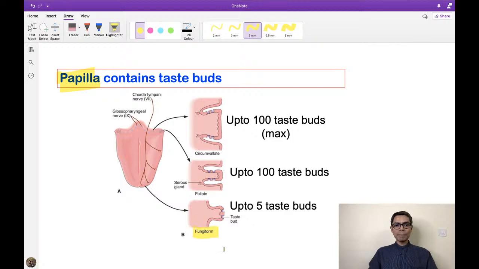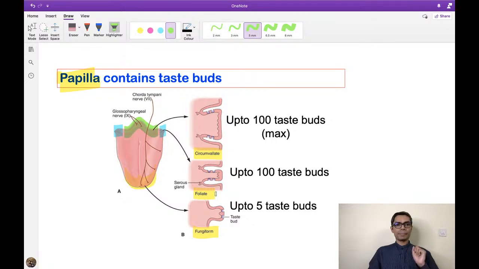They are fungiform papillae, foliate papillae, and circumvallate papillae, right? These are located at particular areas. The anterior part of the tongue contains mainly fungiform papillae. The foliate papillae are located at the lateral edge of the tongue, and at the base of the tongue, this V-shaped area, contains mainly circumvallate papillae.